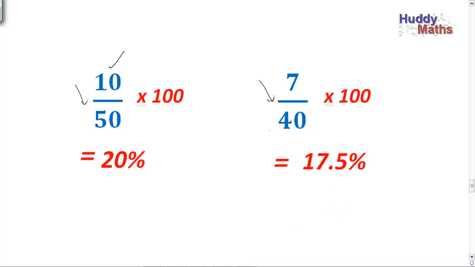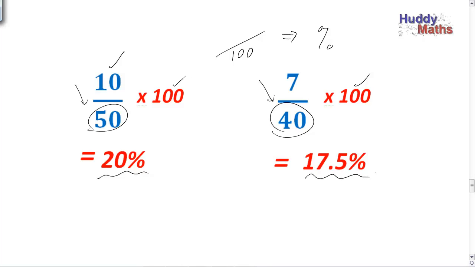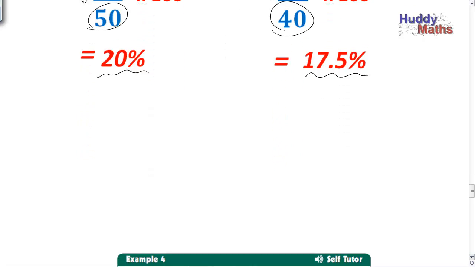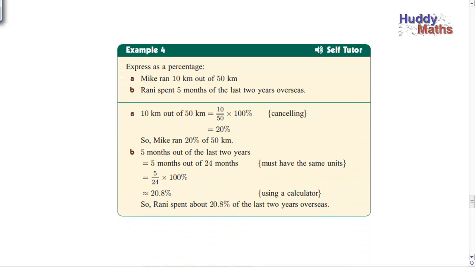It's too hard to compare out of 40 and out of 50, so multiply by 100 and let's compare out of hundreds. And out of hundreds implies percentage. So this is 20% and Justin was 17.5%. So actually Mike ran a little bit more of his race than Justin did of his. Okay, getting the idea. It's good for comparison, isn't it? Wait till I show you the example at the end. You'll be excited about that.